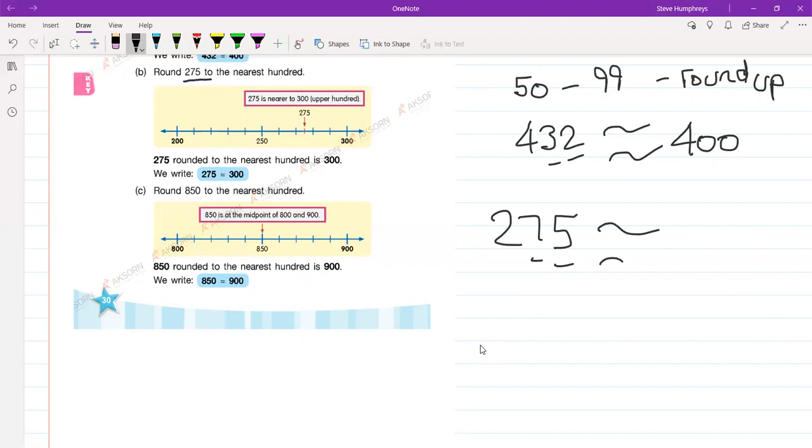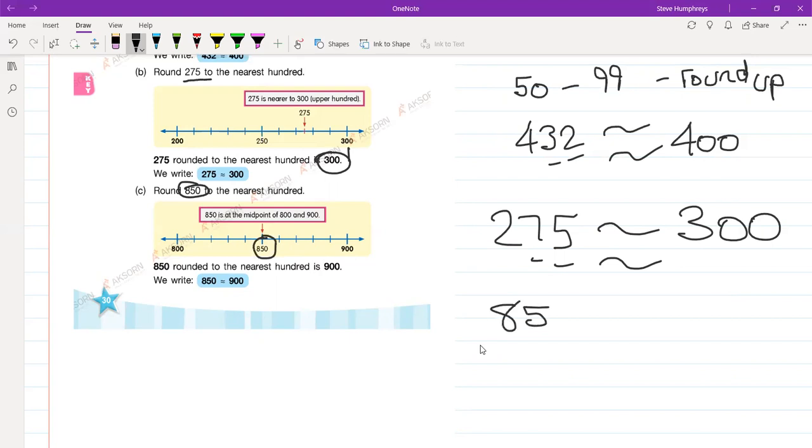So rounding it to the nearest 100, you'll have to round it up to the upper 100, which is 300. Okay, remember, if you're rounding to the nearest 100, you have to look at the last 2 digits.